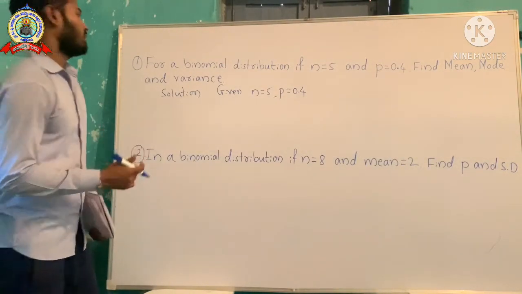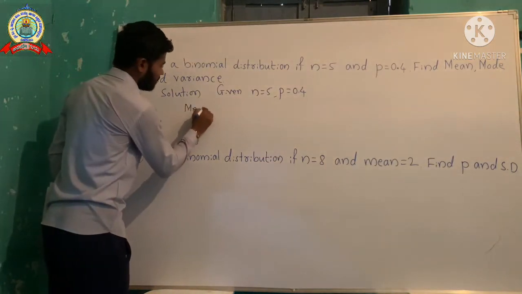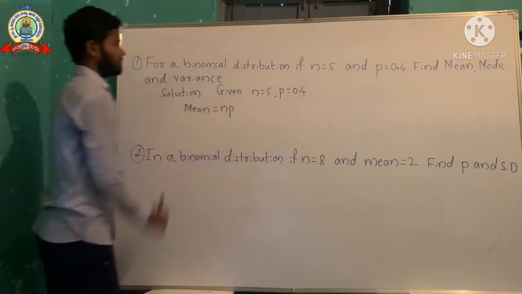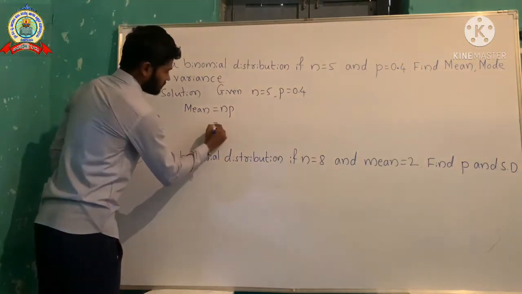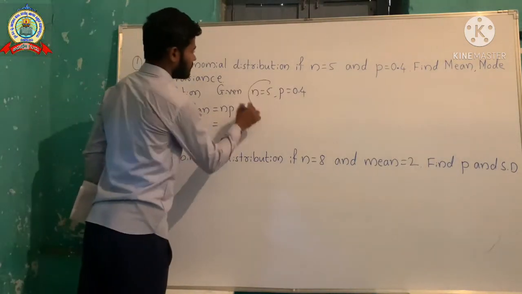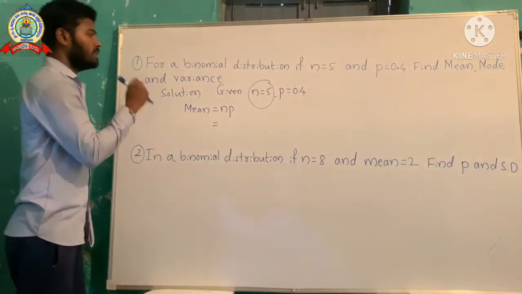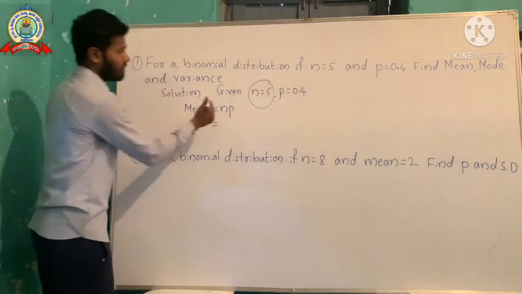So what is the mean formula? The mean of a binomial distribution is equal to np. Clear? So in this problem, the n value is given, so that is 5. I will substitute 5 in the place of n.